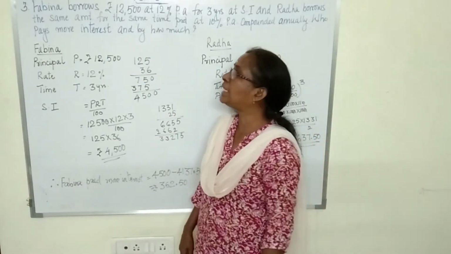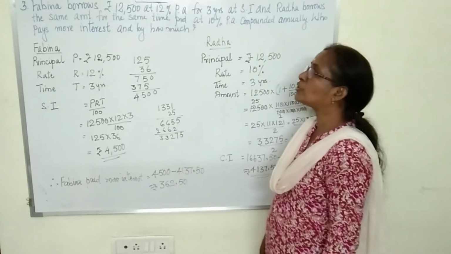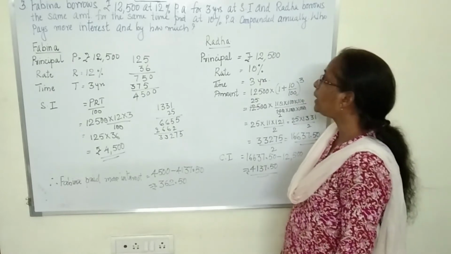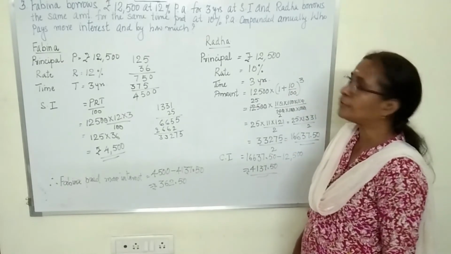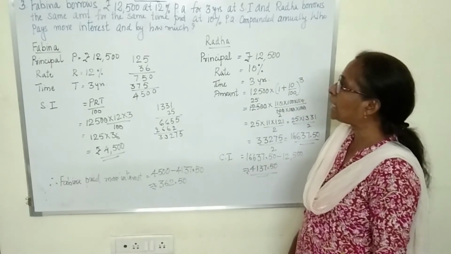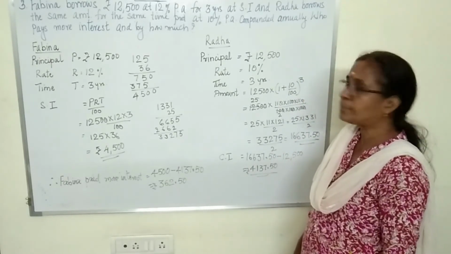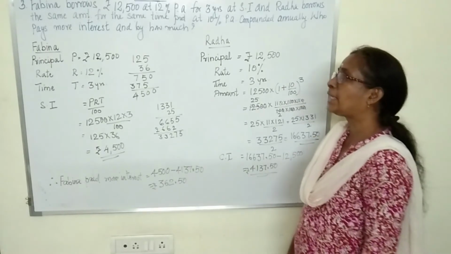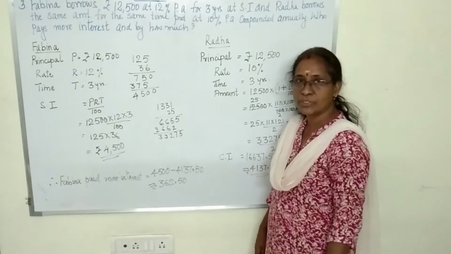The next question is: Fabina borrows rupees 12,500 at 12% per annum for 3 years at simple interest, and Radha borrows the same amount for the same time period at 10% per annum compounded annually. Who pays more interest and by how much?